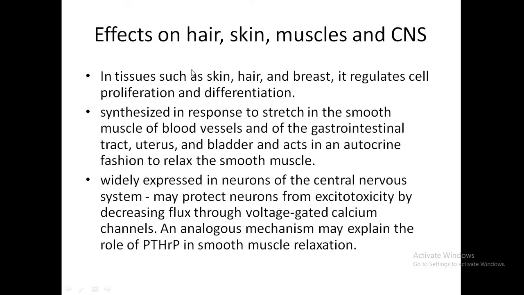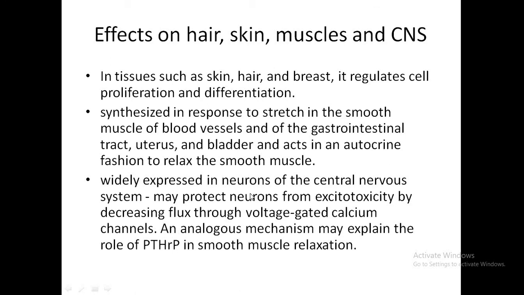And PTHrP also has effects on hair, skin, muscles, and the CNS. In skin, hair, and breast, it regulates cell proliferation and differentiation. In the smooth muscle of the blood vessels, it is synthesized in response to stretch. The same in GIT, uterus, and bladder. And it acts in an autocrine fashion to relax the smooth muscle.